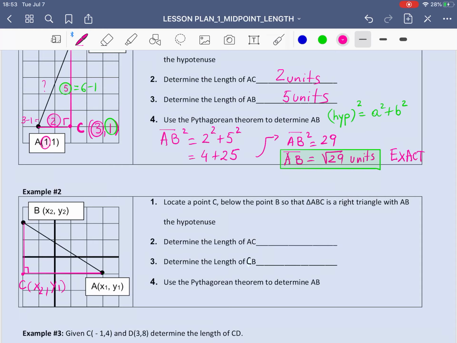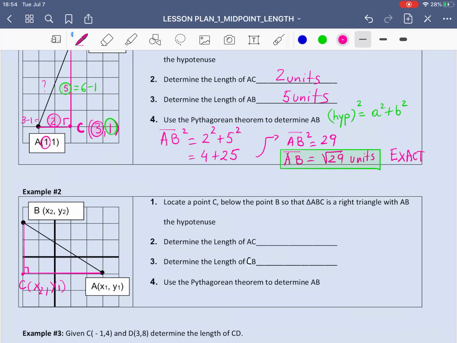Now, if we want to find the length of AC, that would be the change in the horizontal coordinate. So we're going to say that's x2 minus x1 or x1 minus x2. It doesn't really matter. We usually try to subtract the smaller number from the bigger number.